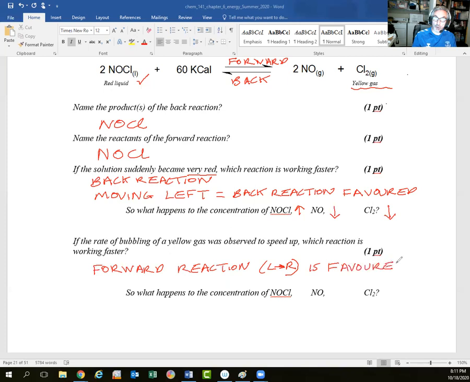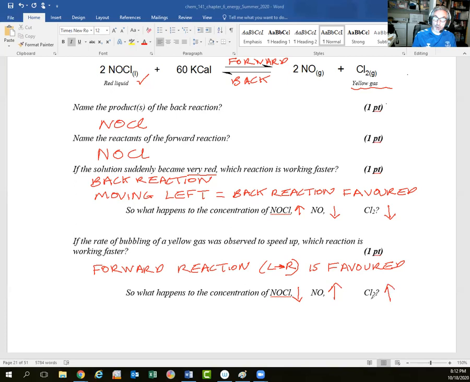And so we sometimes say that the forward reaction is favored. Whenever the forward reaction starts producing more of its products, in this case nitric oxide and chlorine, we say that the forward reaction is favored. So of course we have to use up nitrosyl chloride in the forward reaction to get it going, but we'll increase the concentration of the nitric oxide and the chlorine.